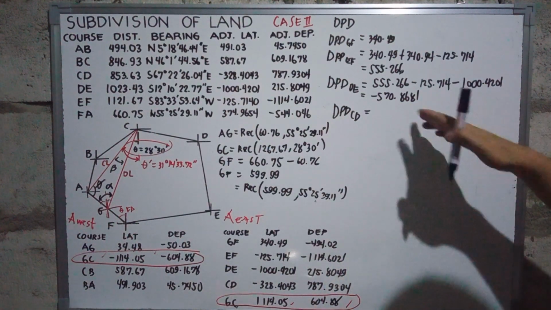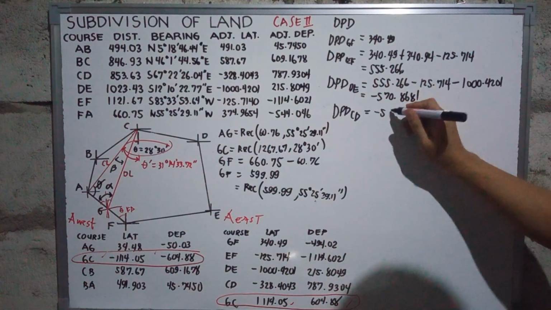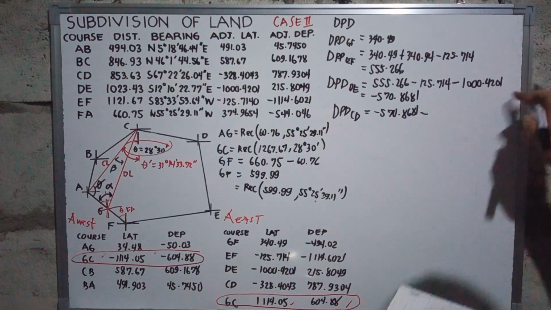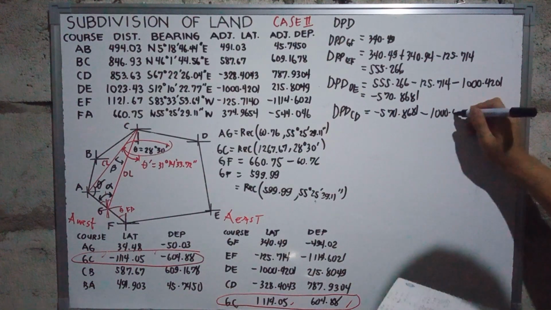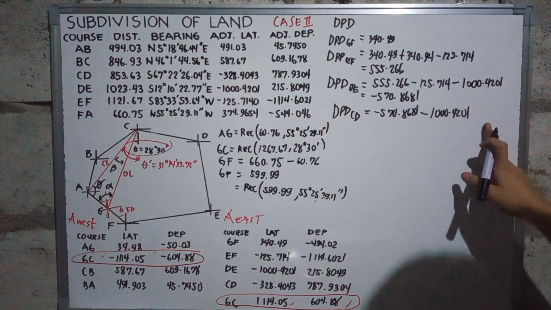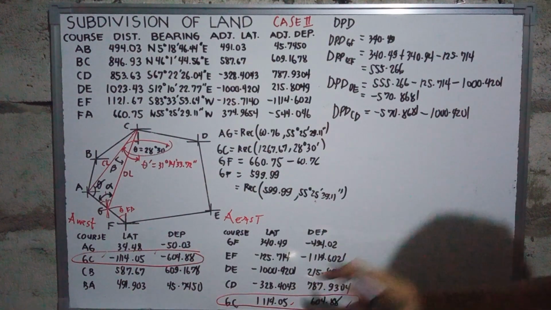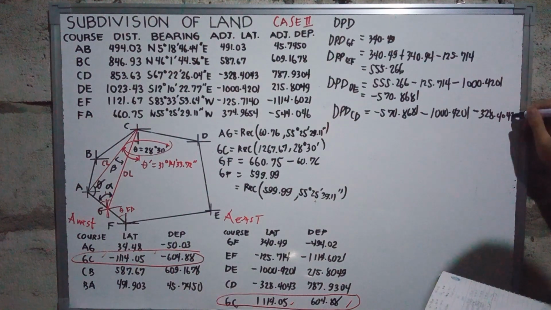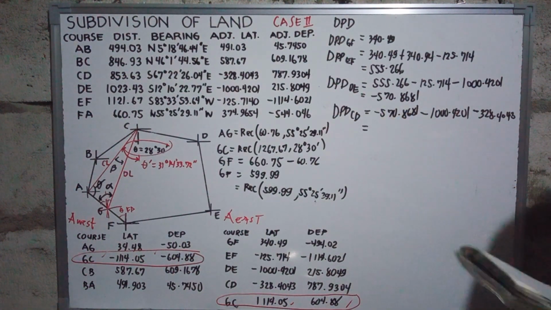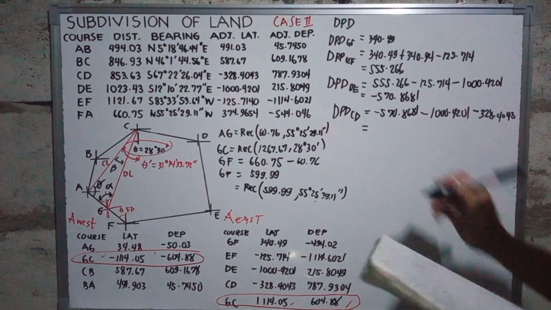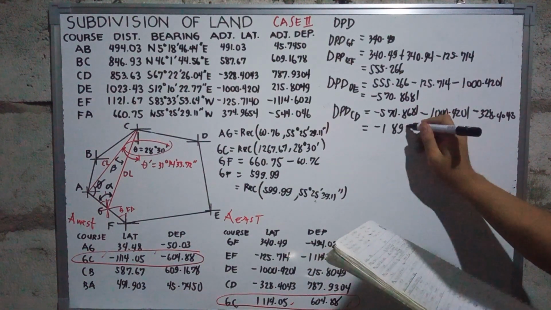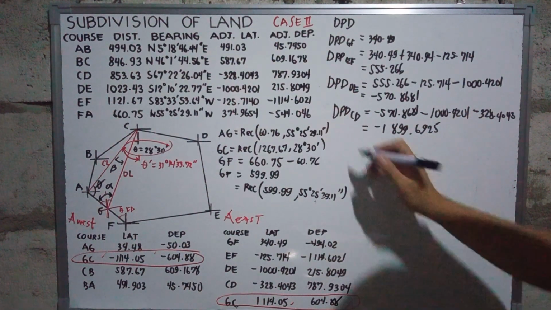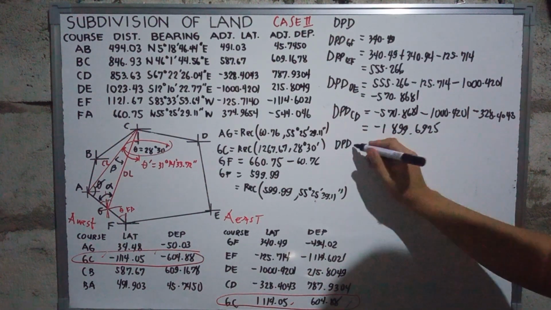Then, let's solve for the DPD of CD. If you notice, just copy the DPD of the previous one minus this, the last one, plus the latitude of CD, that is negative 328.4043. So DPD of CD is now equal to negative 1,899.6925. Next, let's solve for the DPD of GC.